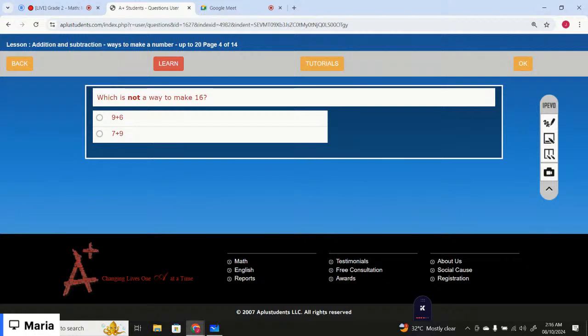That is not a way to make 16. Option 2 is the one that makes 16. Option number 1 is the correct option. When you add 9 plus 7 it is 16. You need to select the one that does not make 16. So option number 1 is the correct option. 9 plus 6 is 15. How do you make 15? So which is the correct option?